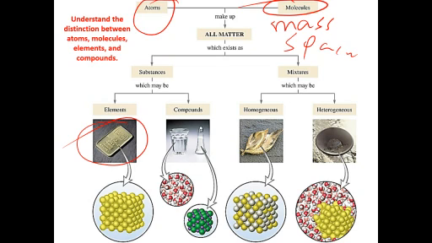Compounds, like water, for instance, are made up of two different kinds of elements held together by chemical bonds. Usually this involves covalent bonds. Here we have two atoms of hydrogen and one atom of oxygen. So water is a molecule, but it's also a compound.